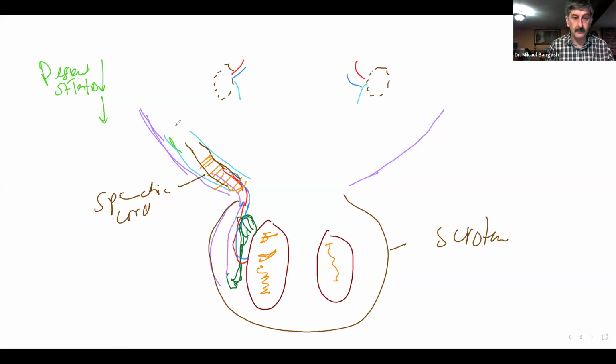Then it's going to be up. So they will pass through the inguinal canal, or in this case, it's maybe just called the spermatic cord.